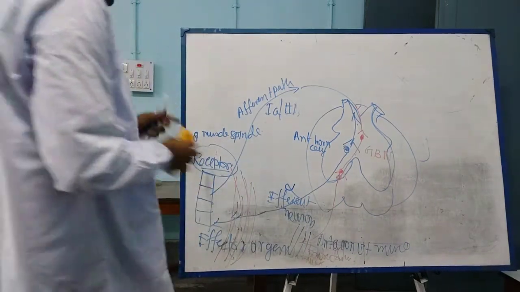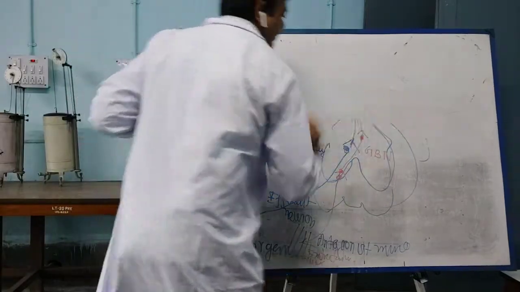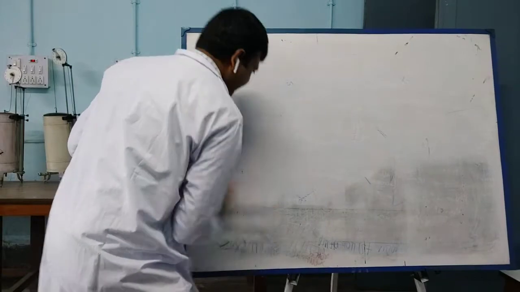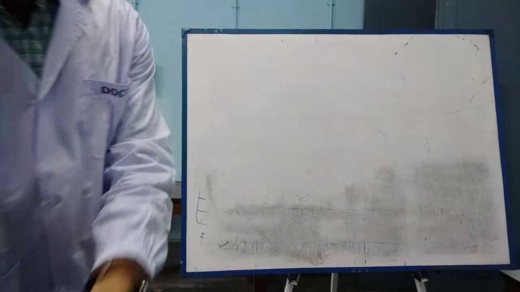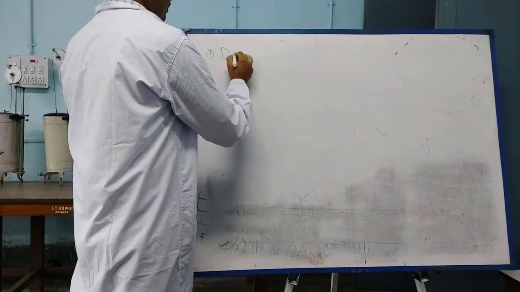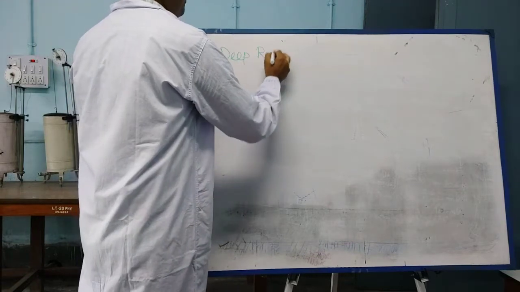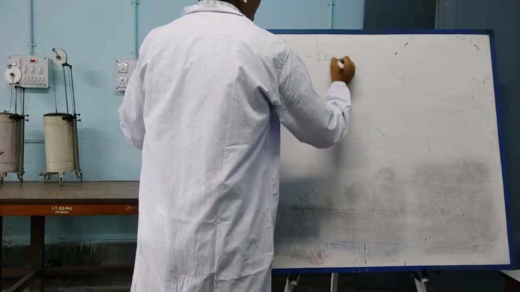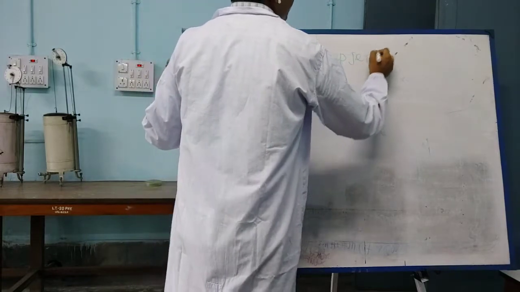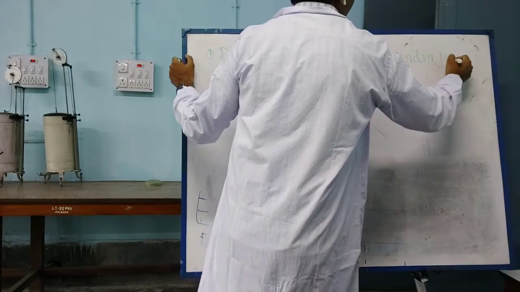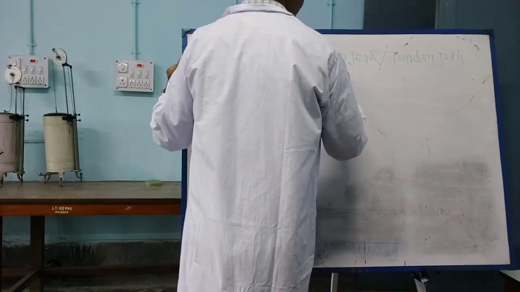Now, there are different types of reflex. These are, number one, deep reflex, also known as deep jerk or tendon jerk or simply jerk.